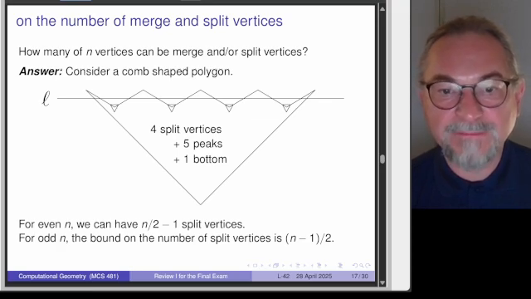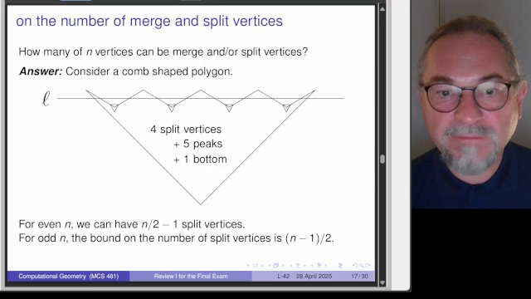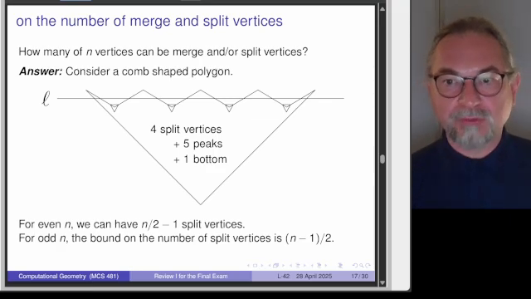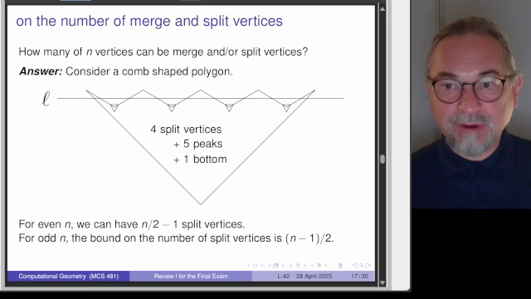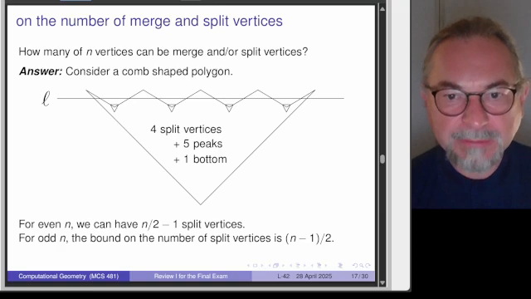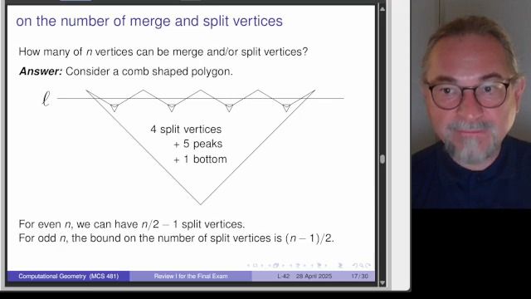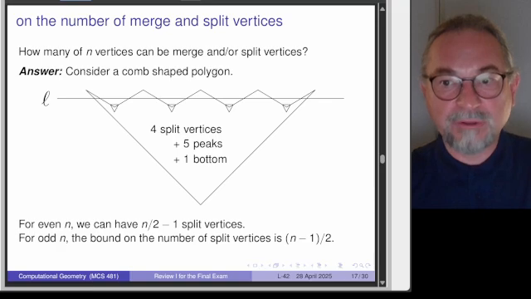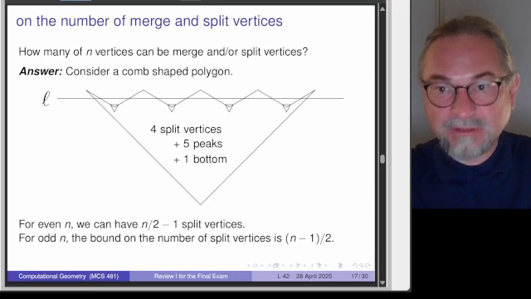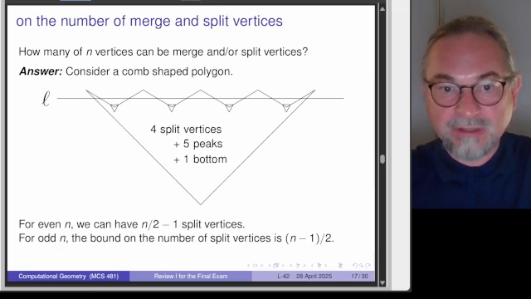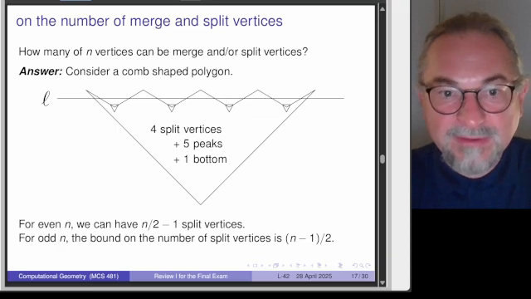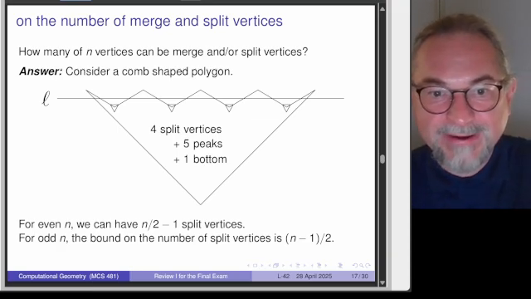I count 5. So these are also the number of peaks, and then I have one bottom vertex. I was trying to get as many split vertices as possible, and you can see that if you have a split vertex, you must have 2 vertices. Otherwise, you can't really have 2 disjoint line segments. But the peaks can be shared.